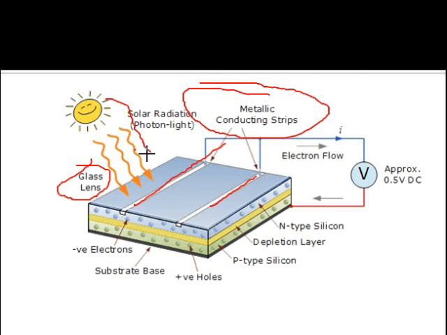This is solar light coming and falling onto the junction, and we have N-type semiconductor and P-type semiconductor, and they are sandwiched one over the other to form a junction.